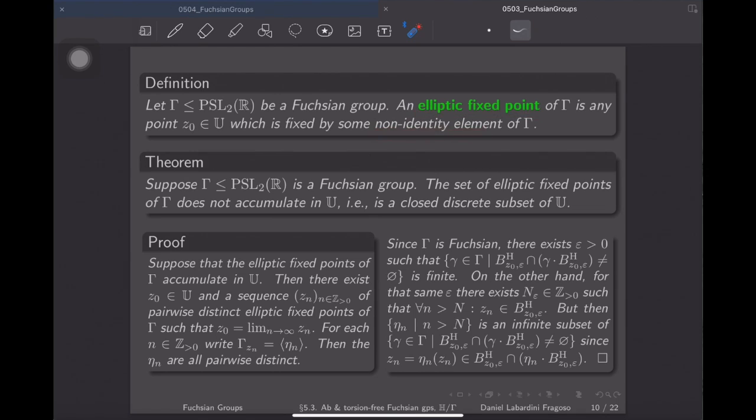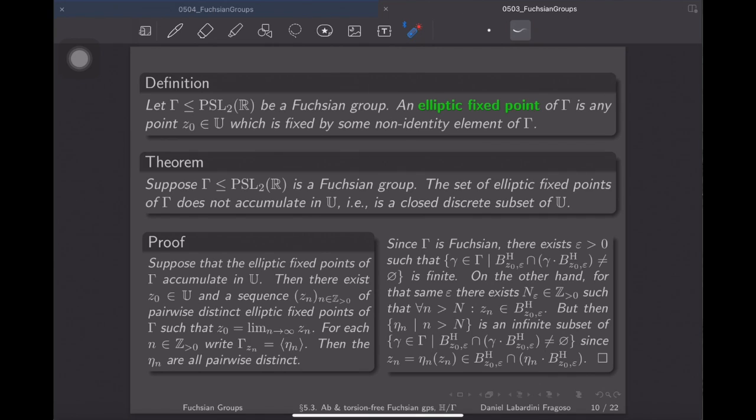So not to be confused with something that one is sometimes tempted to interpret, that an elliptic fixed point is a point which is fixed by every elliptic element, and that just doesn't make sense. An elliptic fixed point is a point which is fixed by some non-identity element, and if so, that non-identity element has to be elliptic.